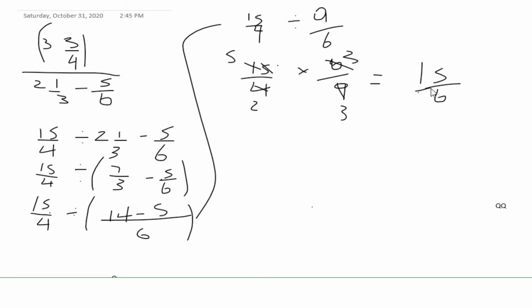So that's 15 over 6, which can be broken down. So we can say 3 into 15 goes 5, and 3 into 6 goes 2. So that gives us 5 over 2.